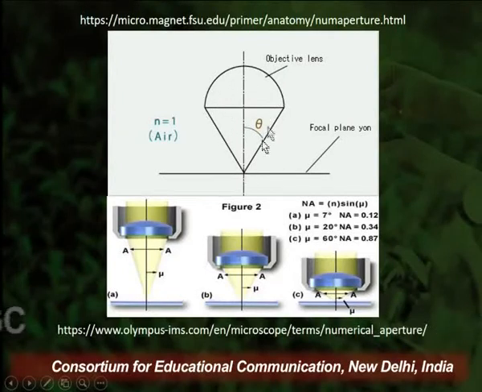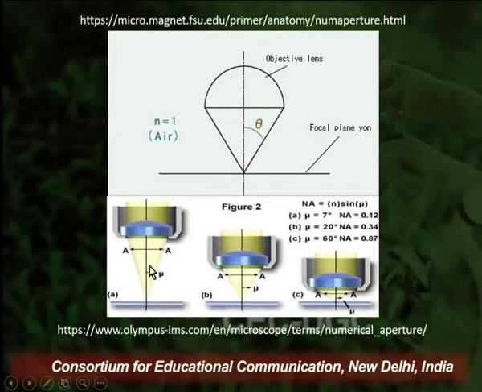So, half of this entire angle of subtendence is called theta, or sometimes it is also called alpha. Sometimes we call it nu also. And since the medium here happens to be air, the refractive index is 1 here. As this angle keeps on increasing, if we move the objective lens closer to the object or closer to the stage of the microscope, this angle will keep on increasing.